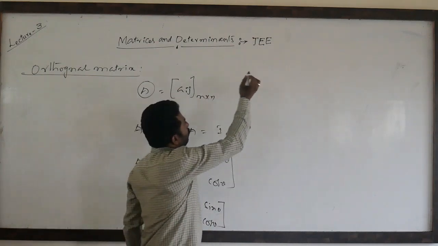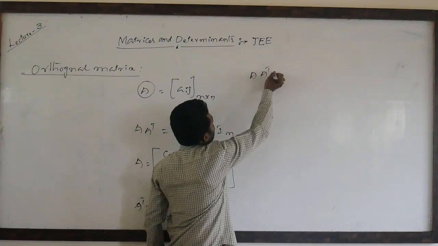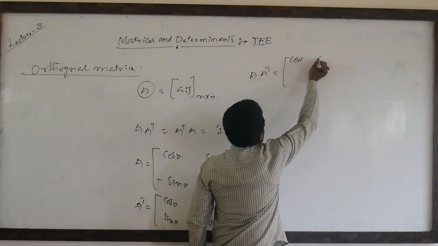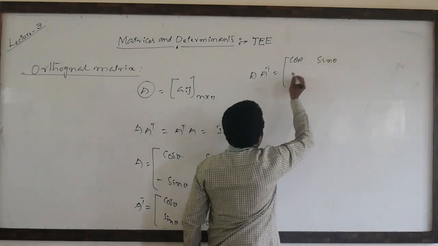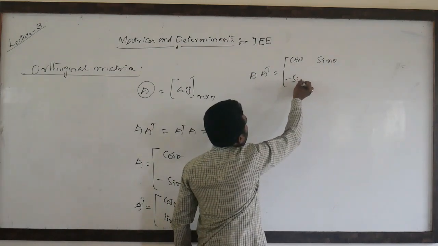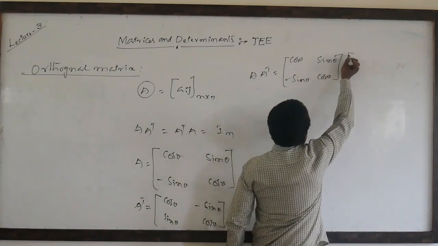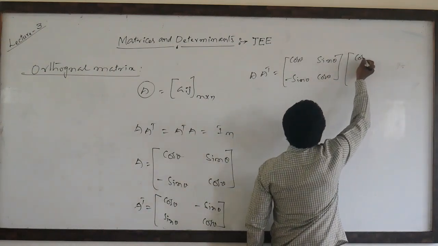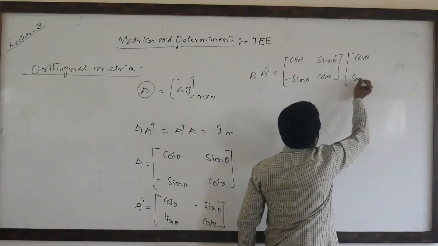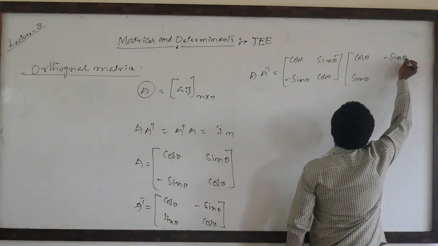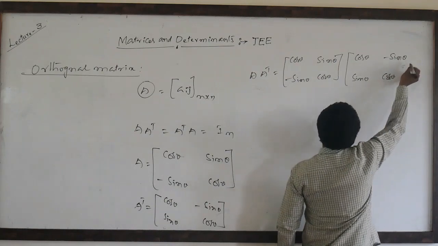What is A into A transpose? A means cos theta, sin theta, minus sin theta, cos theta, and A transpose similarly.